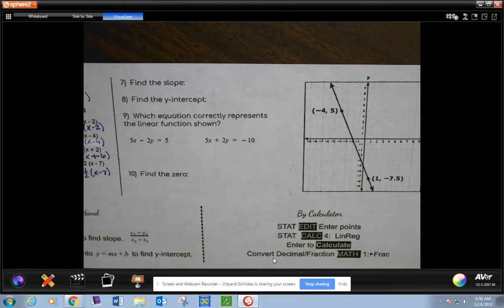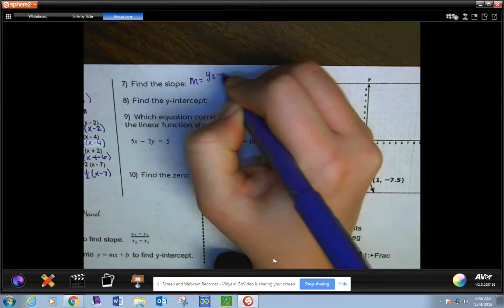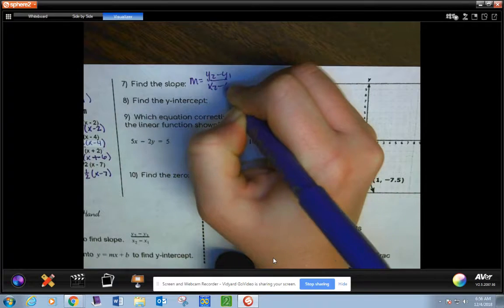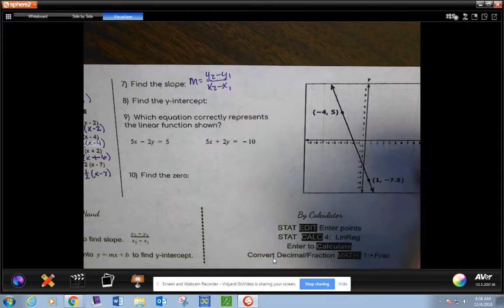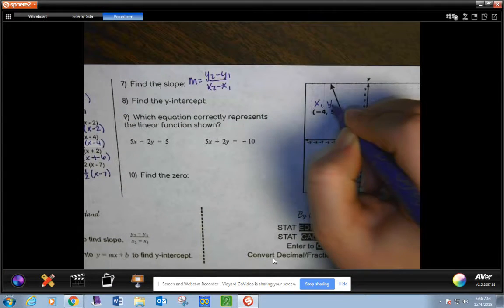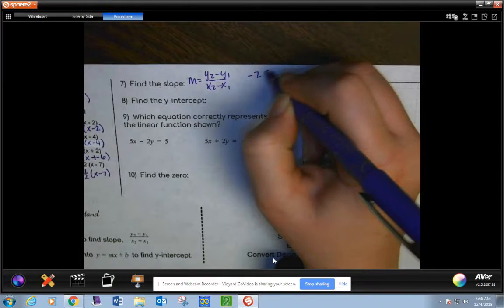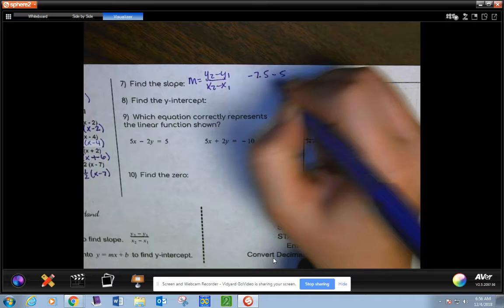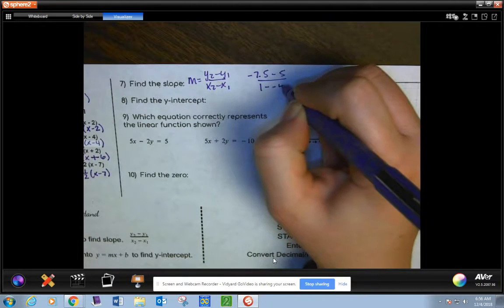So to find the slope, what you could do is m equals y2 minus y1 over x2 minus x1. And if you're going to do that, I'm going to call this my x1 and my y1, and this my x2 and my y2. You would do negative 7.5 minus 5 over 1 minus negative 4.